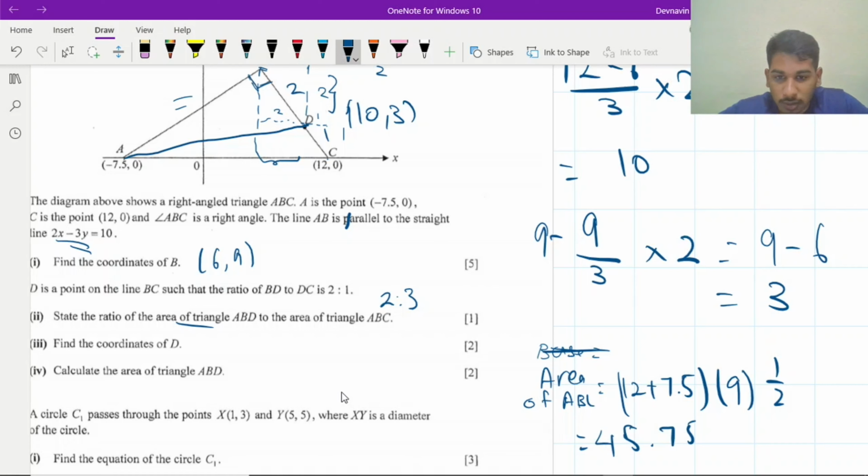But we already found this ratio, so we just need to divide that by 3, and then times it by 2. So divide by 3 times 2, 30.5.